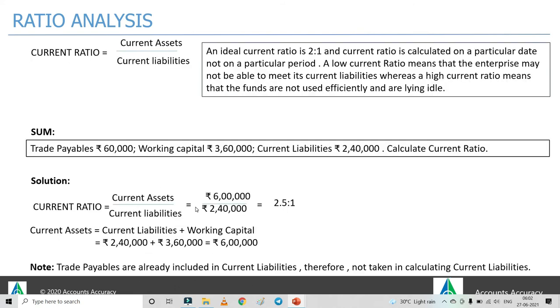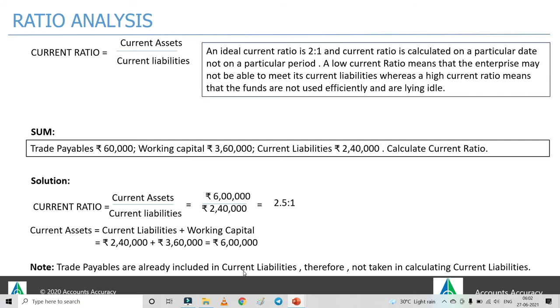So here you will simply find the current assets by applying that formula. To find current assets, you simply add the working capital to the current liability. Here you get the value 6 lakh as your current asset.